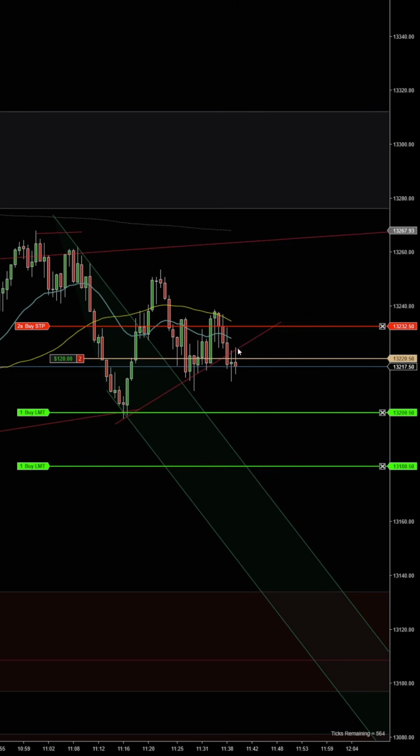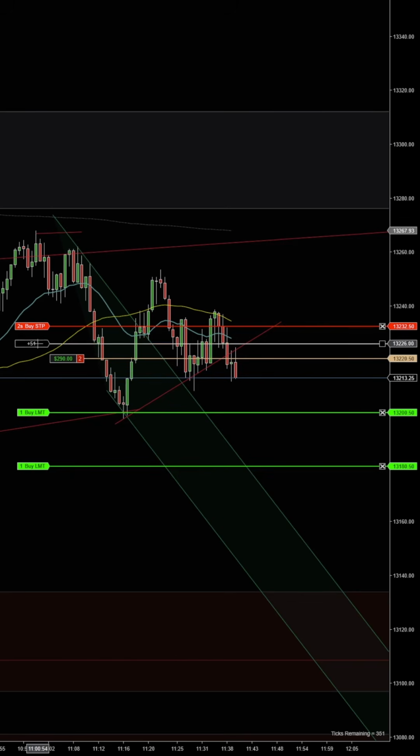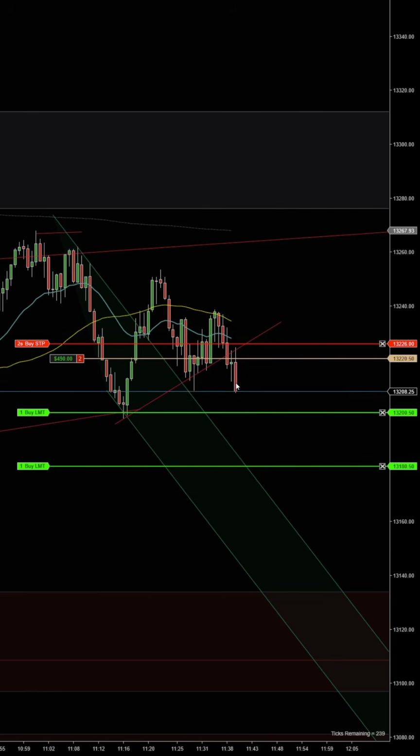Okay, I see the push again from the sellers, and if the price comes right here, it may do a fast run here. It may trigger the buyers' stop loss here as well. Yep, it went through.